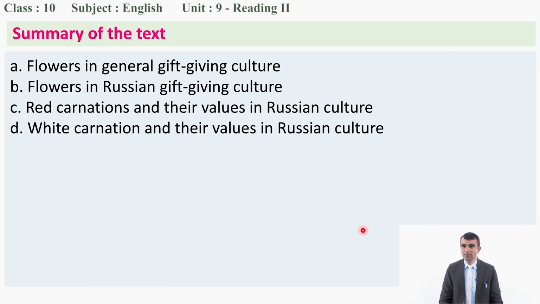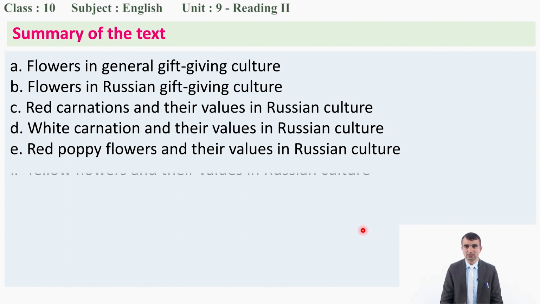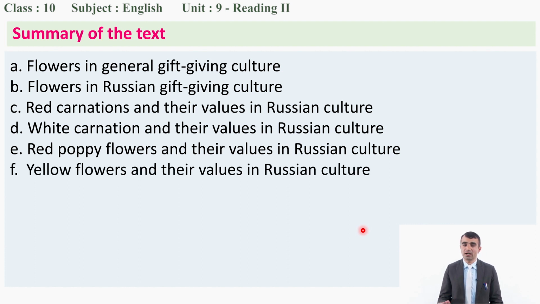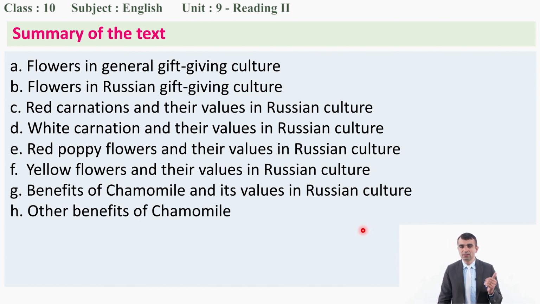Next paragraph again, fifth paragraph. Well, that is red poppy flowers and their values in Russian culture. Now sixth, yellow flowers and their values in Russian culture. Another again, yes, okay, benefits of chamomile and its values in Russian culture. Another paragraph again, other benefits of chamomile.